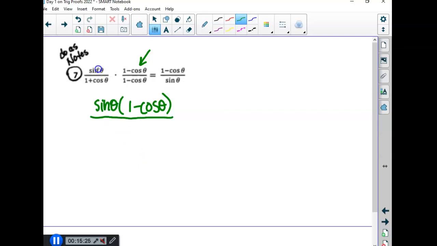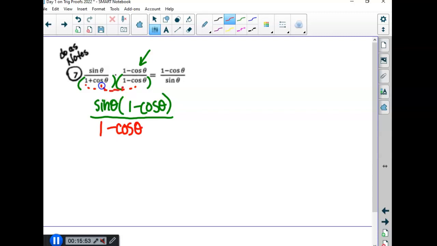When you multiply, you just multiply the top and you multiply the bottom. Rather than copy this all down again, can we go ahead and do what to the bottom as we multiply those together? Can we FOIL that together or distribute that? What is a 1 times a 1? Then the outside would be a minus cosine theta.